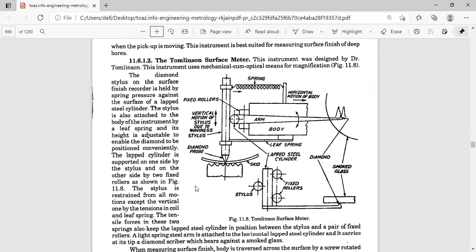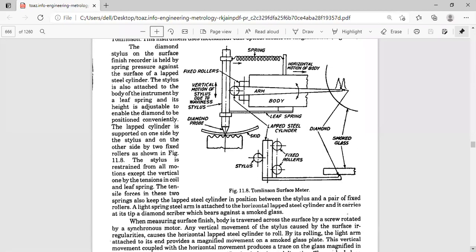So I already told you how the stylus is restrained from all other motions except the vertical one by the tensions in the coil and leaf spring. And the tensile forces in these two springs also will keep this particular lapped steel cylinder in position between the stylus and the pair of fixed rollers.